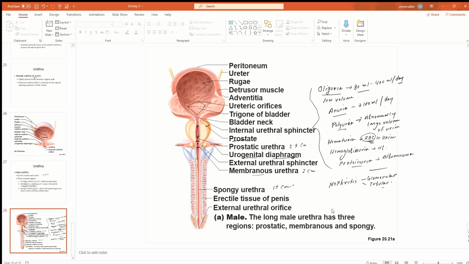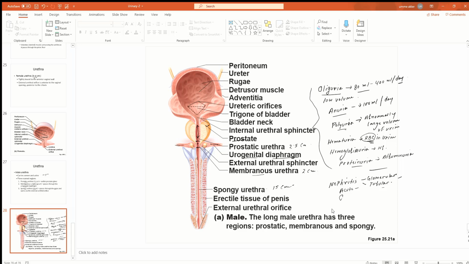Now you understand these things, right? Makes sense. So glomerular nephritis, tubular nephritis, and nephritis could be acute. So it will happen, and then the patient will feel pain, burning during urination, and then fever, body temperature goes up, and if you take antibiotic, it will go away. Okay, so that is acute.